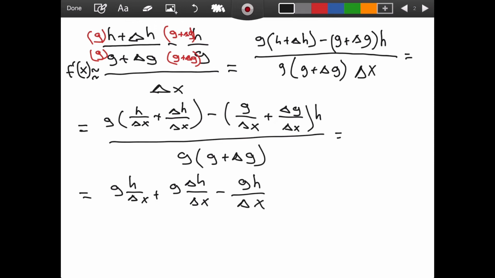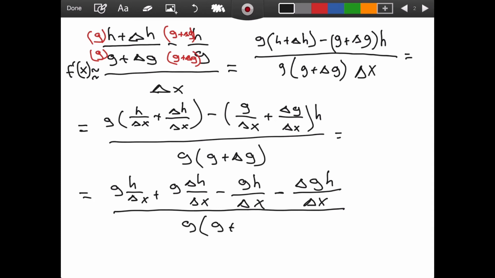Now don't forget, you also need to distribute this minus sign. So we have a minus delta g h, which is divided by delta x. And all of this is divided by g times g plus delta g.